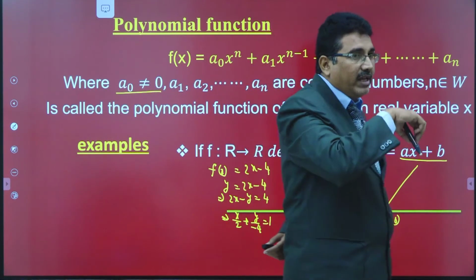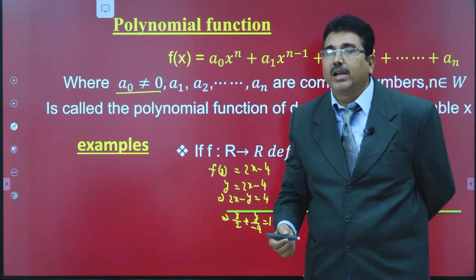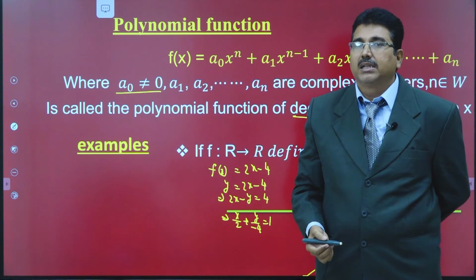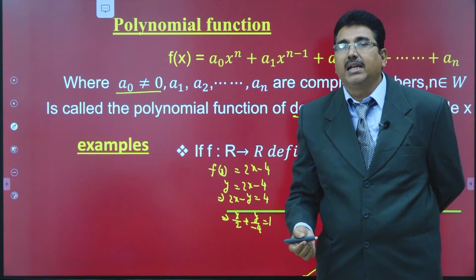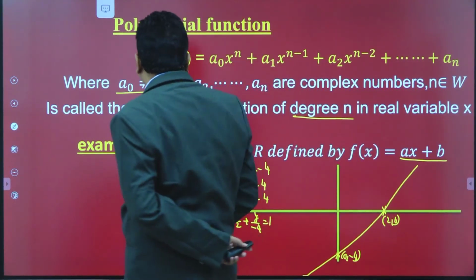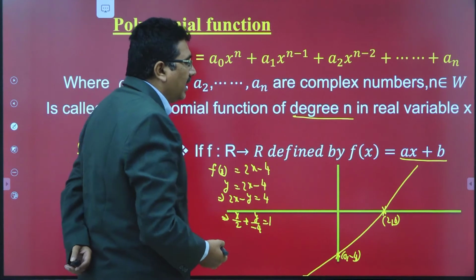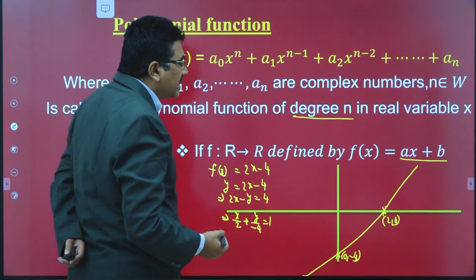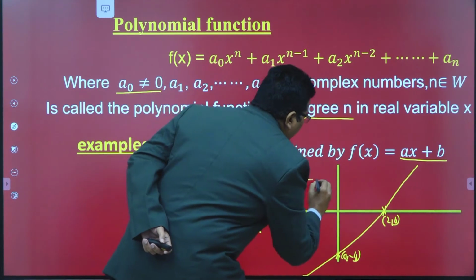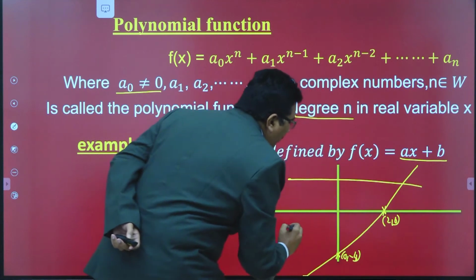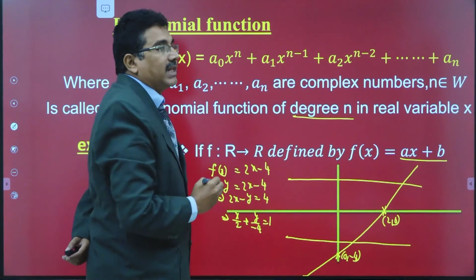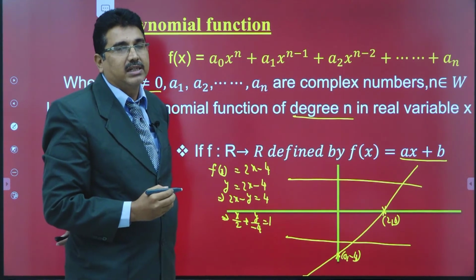Now, whether this function is one-one, onto and bijective. By using the horizontal line test, clearly this is both one-one and onto. If we draw a horizontal line parallel to the x-axis from the points in the codomain, it intersects at only one point.